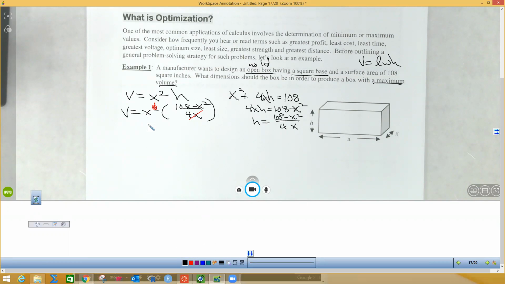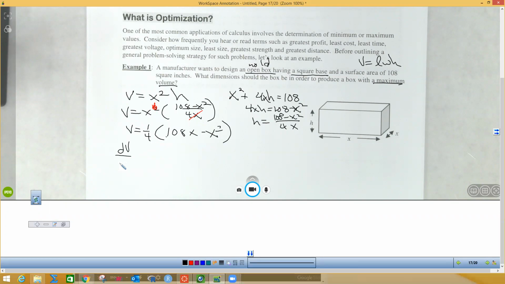This 4 I can bring way out in front, and then I'm going to distribute this x to both of these. So this would be 1/4 times 108x minus x cubed. There is our primary equation right there.